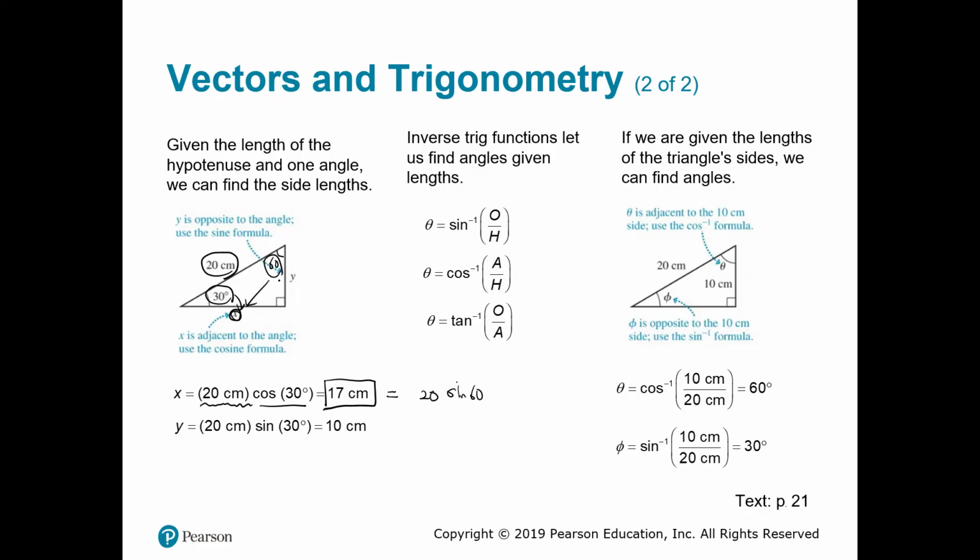And then for y, hypotenuse first, and this angle and y are opposite to each other, so you have a sine. Another way you can find it here is 20 times cosine 60, and then you will see the same answer.